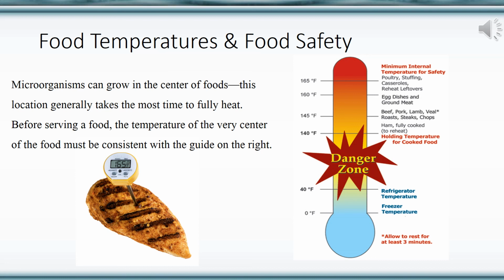And as you'll see, above 140 degrees, you have the required internal cooking temperatures for certain foods, and that is at that number, a number that's above 140 degrees, because that number kills the bacteria that are in that food.